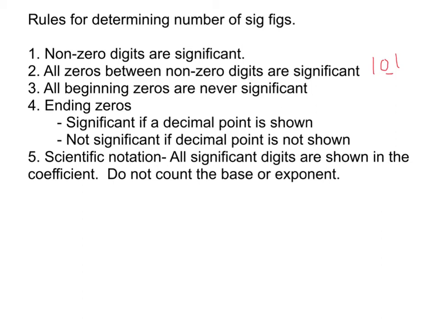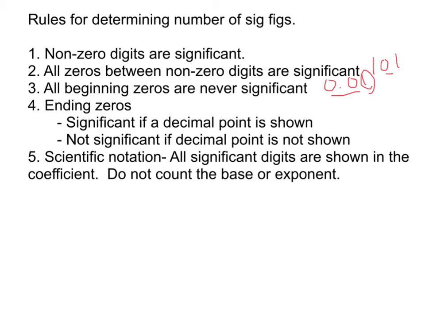And number 3: all beginning zeros are never significant. What I mean by that: 0.01, we have 2 zeros before the actual first number. They don't count for anything. They are placeholding zeros. So don't ever count those as significant. There's only one significant digit, and it's right there. We have one significant figure in this one.